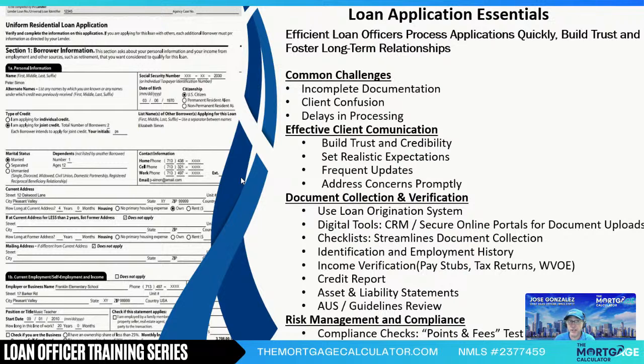Calyx is another one that's popular. That one is more for the broker channel, and a few others, but the two main ones are probably Encompass and Calyx. That's essential because that is where the application originates, and that is where you generate all of your documents to submit to underwriting.